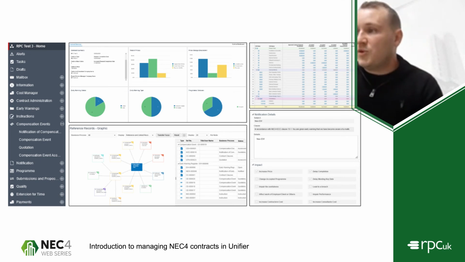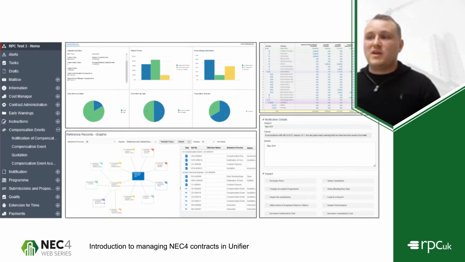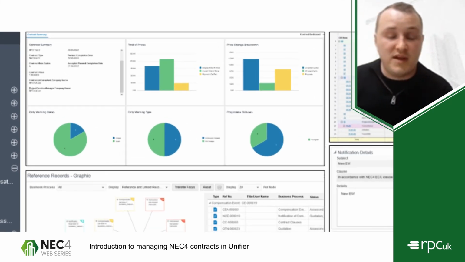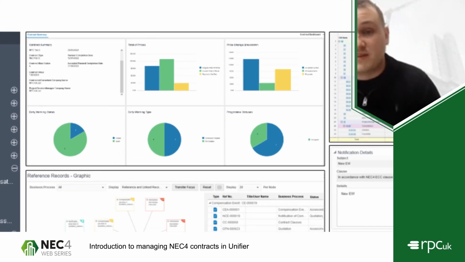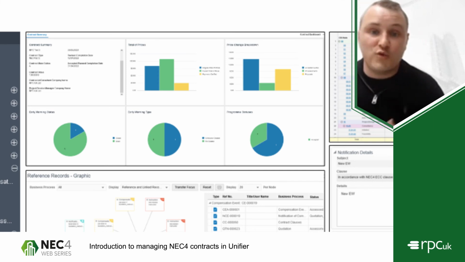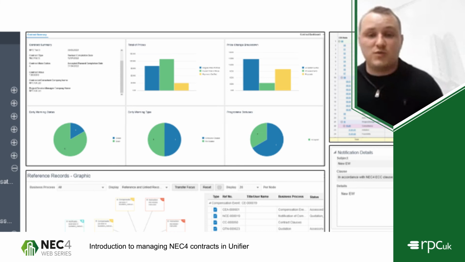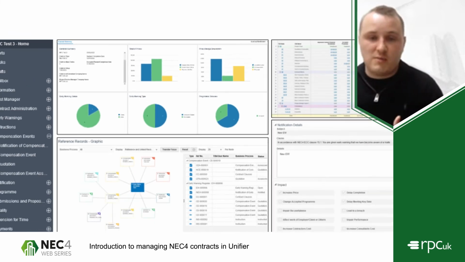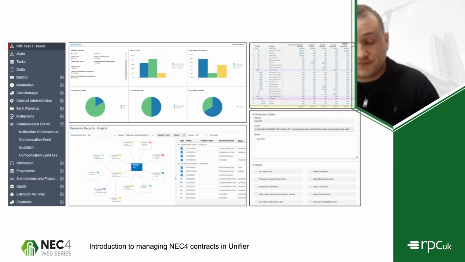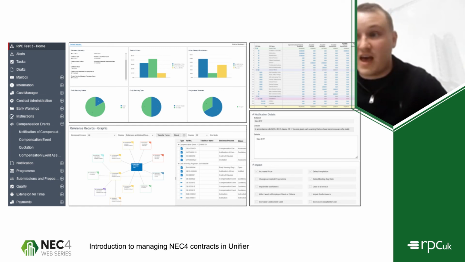You can see we've got our dashboard in the middle of the screen here. A dashboard can pull information from the various processes within the system. Again, all of this can be configured. We have a standard NEC dashboard, but all of that can be configured within the system as well. If the data is within there, you can generally do a chart, a graph, or show that in table formats.